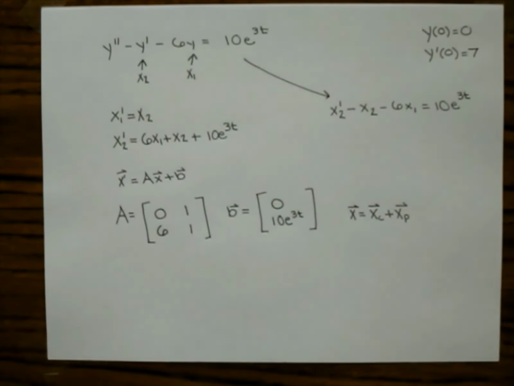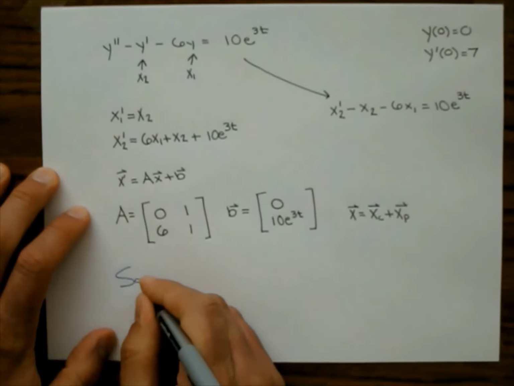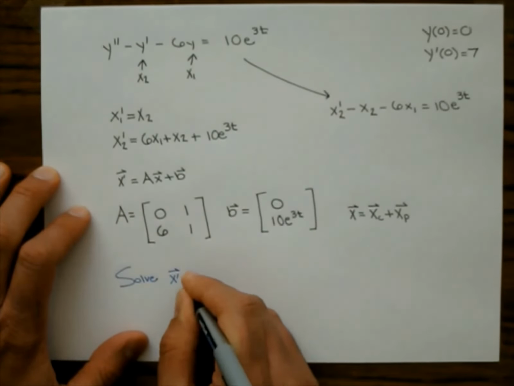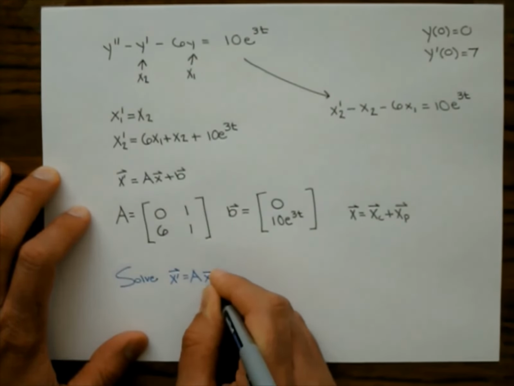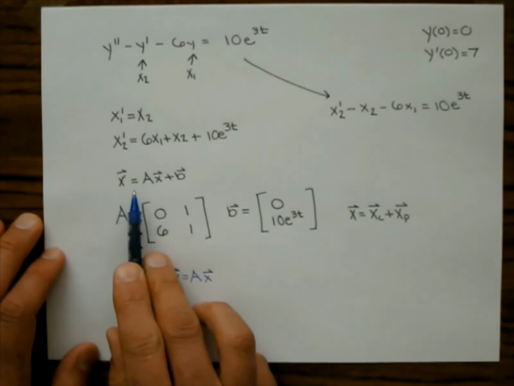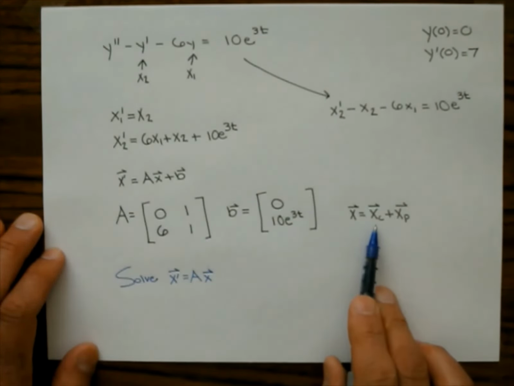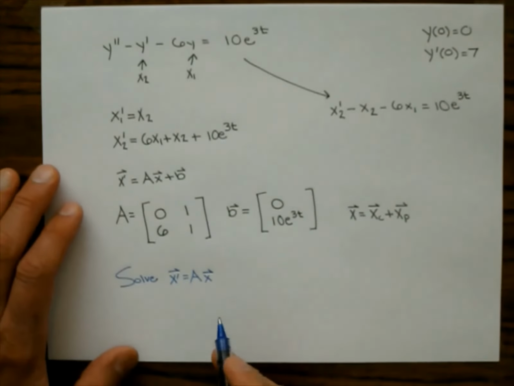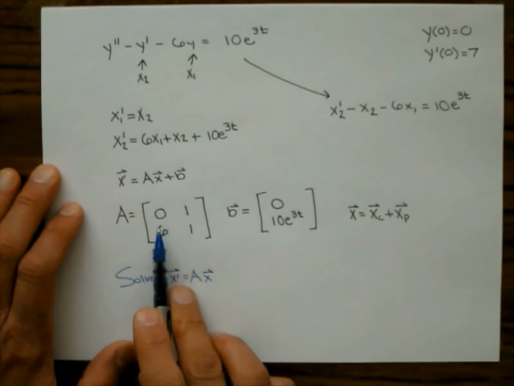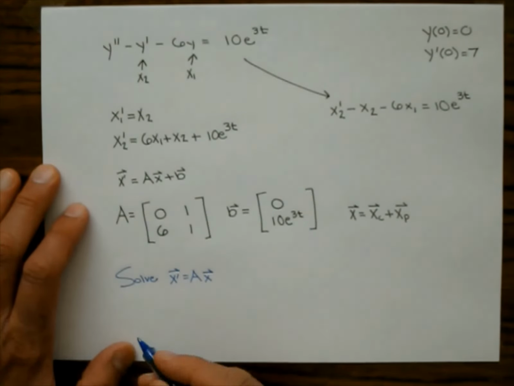So in a different color, I'll use blue. I'm going to solve this: X prime bar equals A x bar. We'll solve the associated homogeneous version of this, and then we'll know what xc is. Okay, so to do that, I have to find the eigenvalue eigenvector pairs of that matrix.